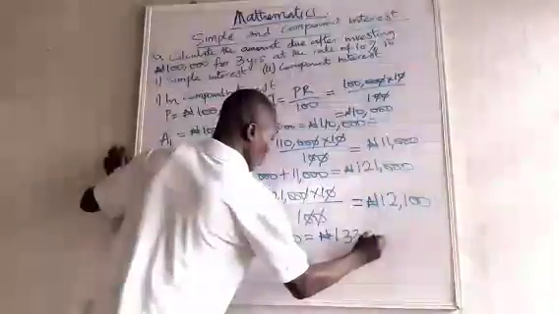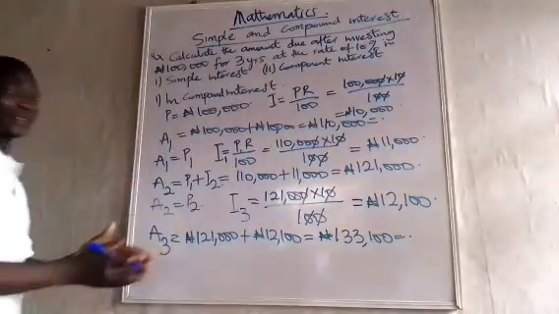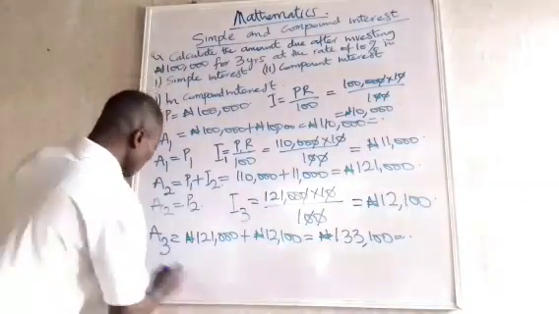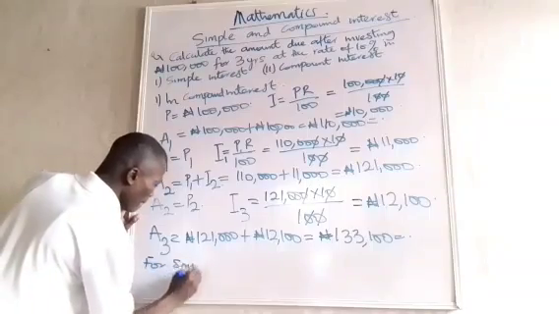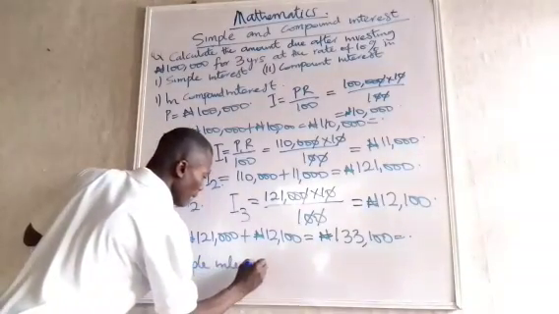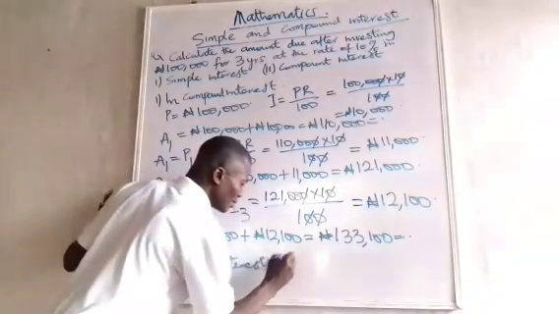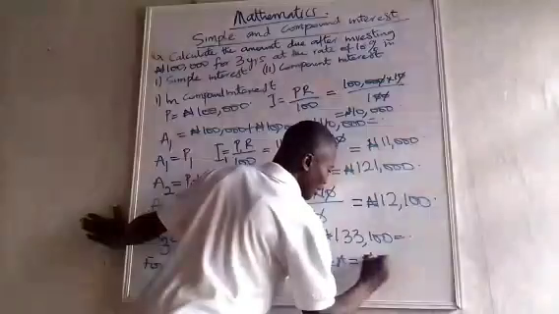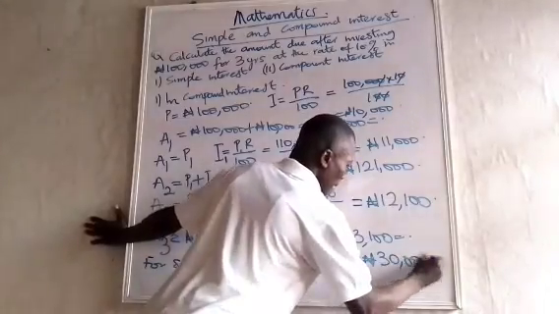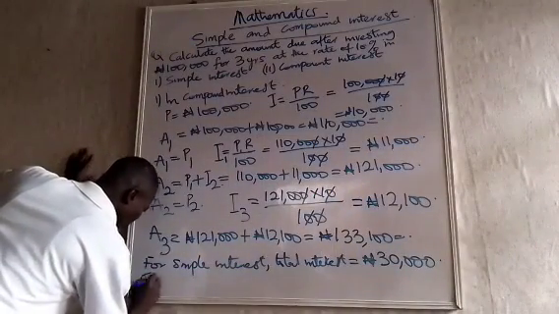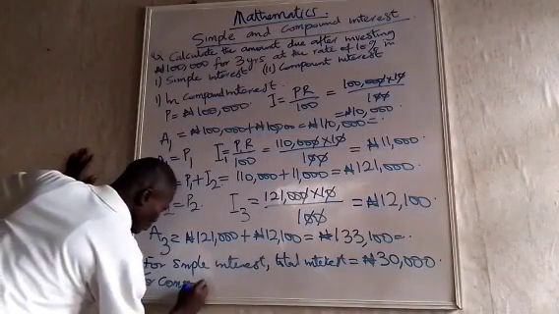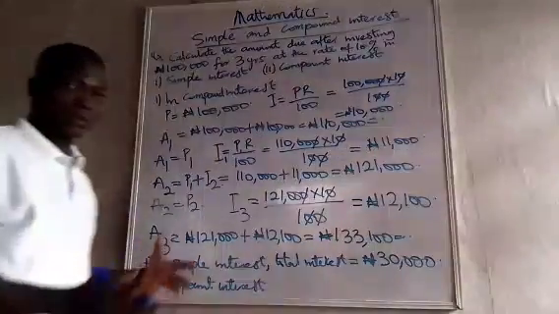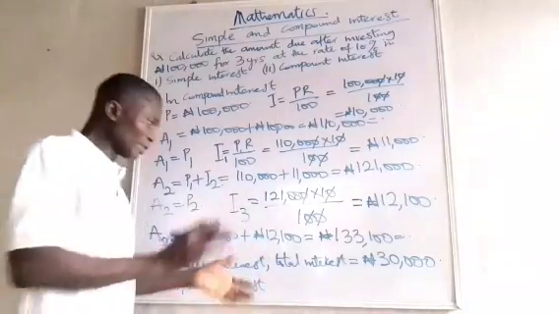133,100, sorry. So in this instance, you can see the difference. When we use simple interest, the total interest equals 30,000 naira. Now for compound interest, the total interest, because it accrues, equals 33,100.